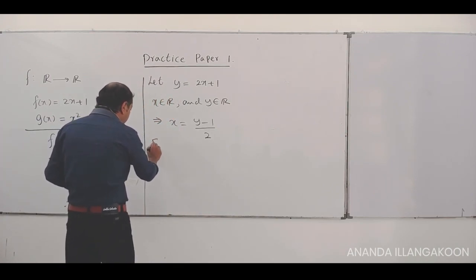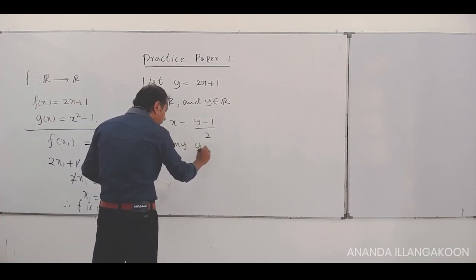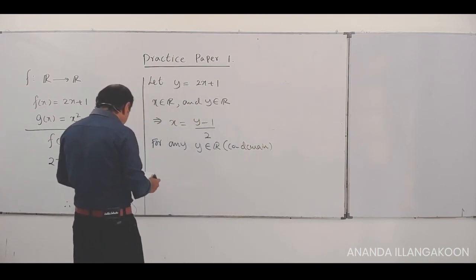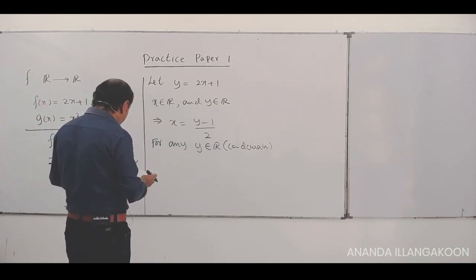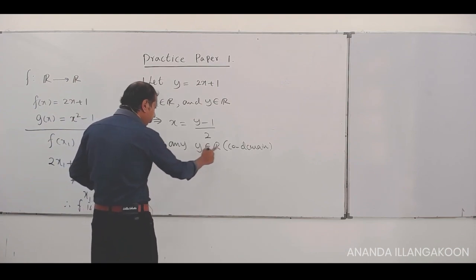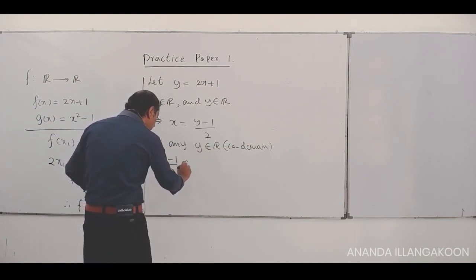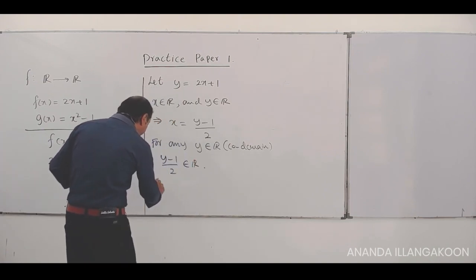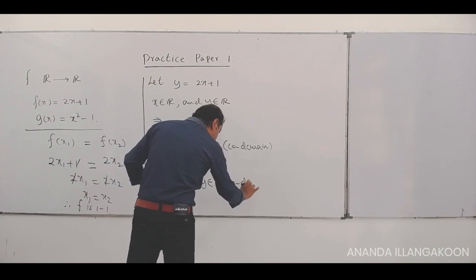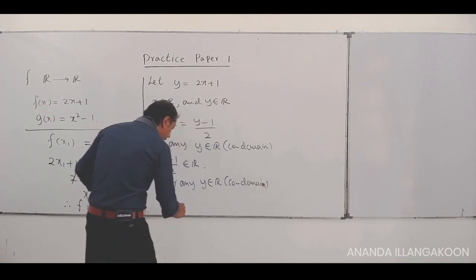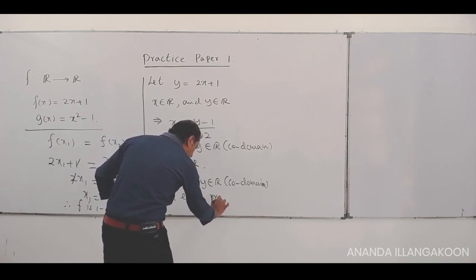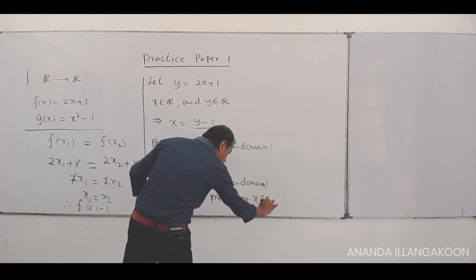So you can now write, for any y belongs to R codomain, (y minus 1) divided by 2 belongs to R. Therefore, for any y belongs to R codomain, there exists a pre-image x in R domain.